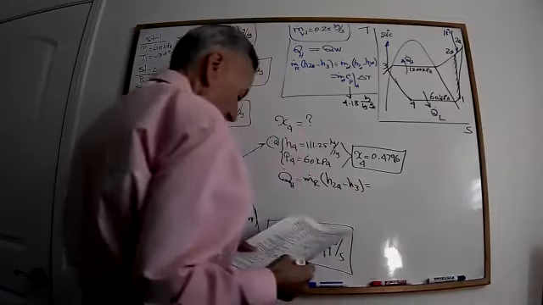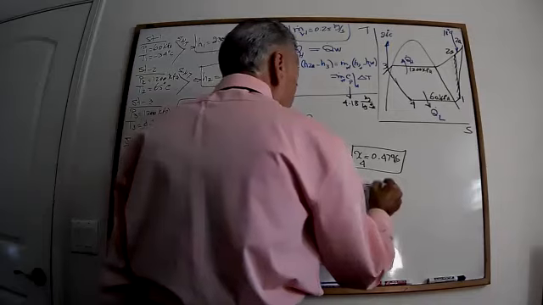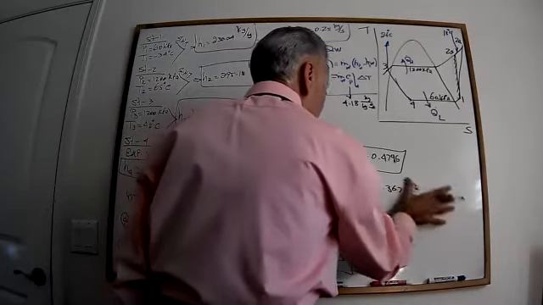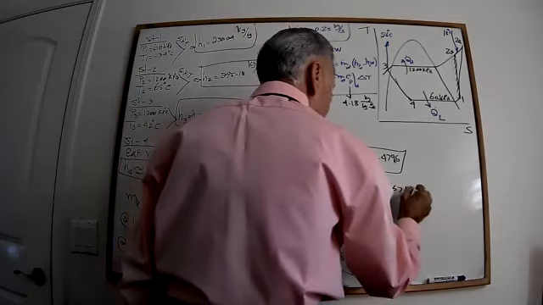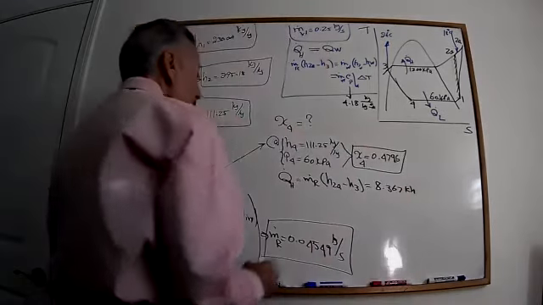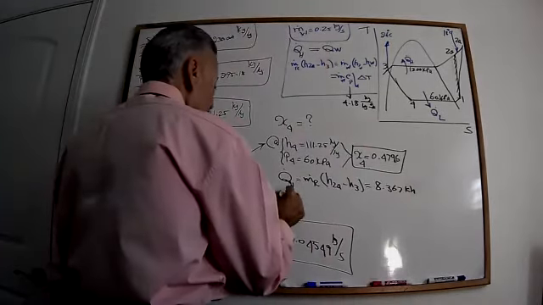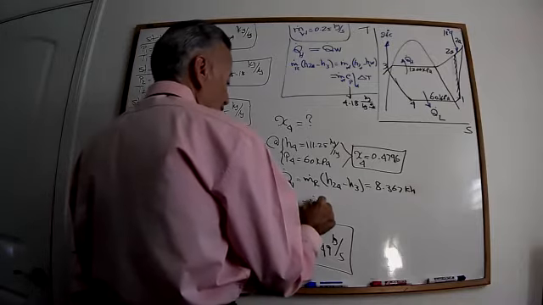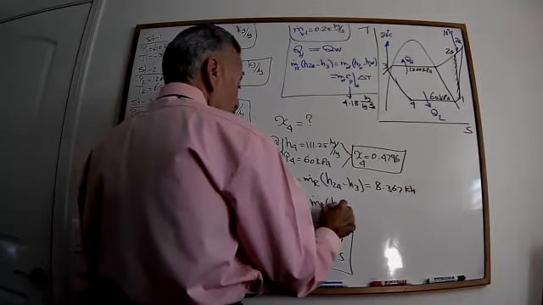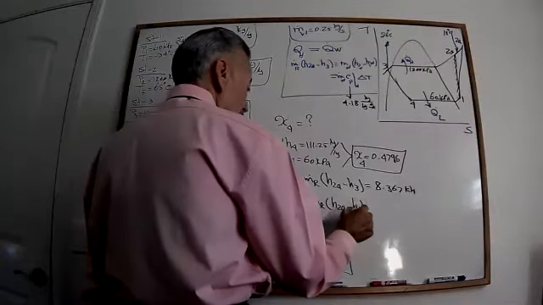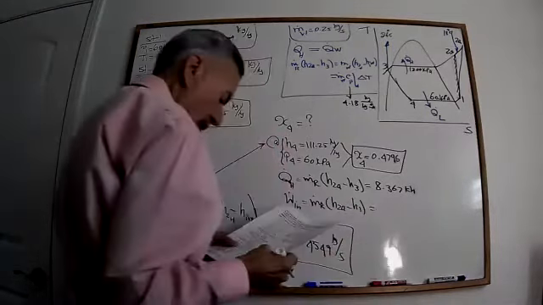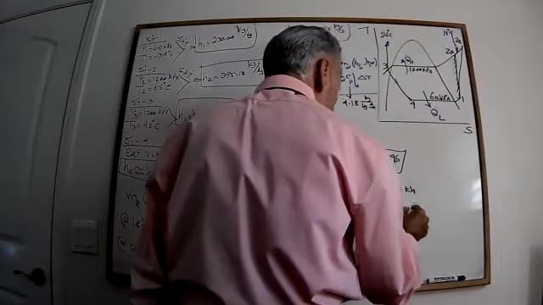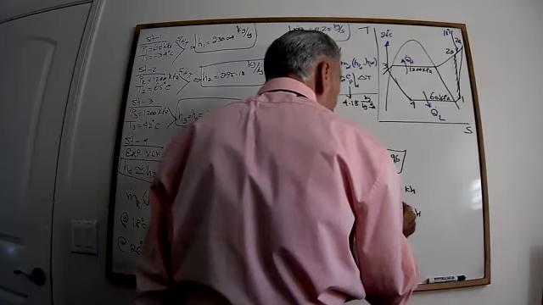You plug the number in, you find that to be 8.367 kilowatts. They also ask us to find the work in, which is the work of the compressor, and that's mass of refrigerant times H2A minus H1. And this will give us 2.513 kilowatt.